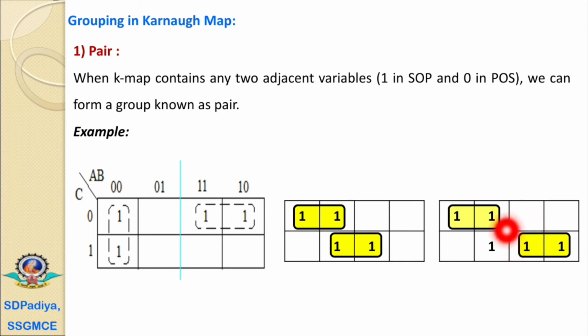Therefore, we can form the group of this 1 with the 1 in the same row or the 1 in the same column. So we can form the third group as the 1, 1 in the same row, or we can form the group of 1, 1 in the same column, like we have formed here in pink color. The grouping of any 2 variables, that we call a pair.